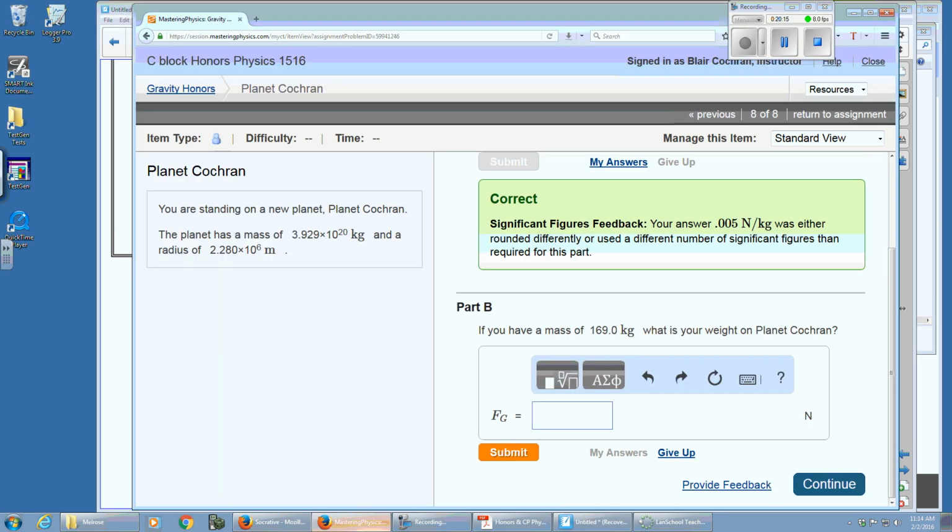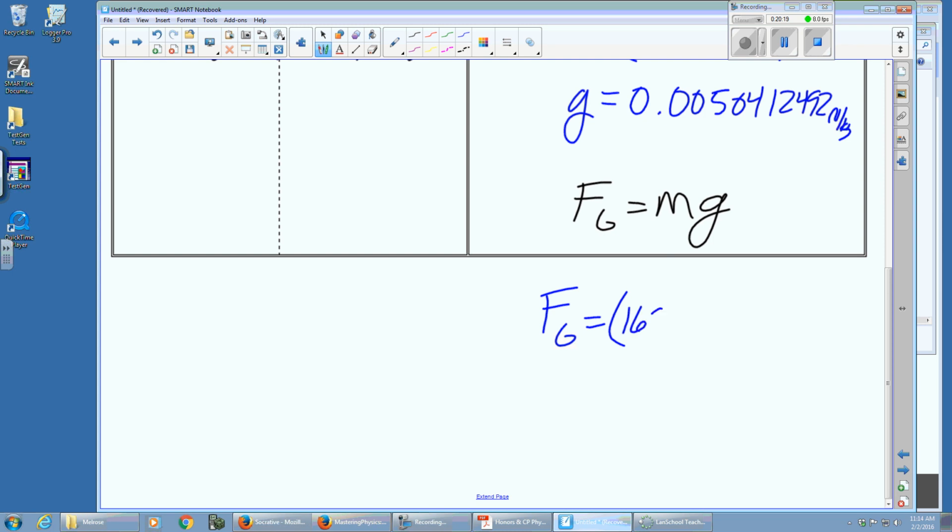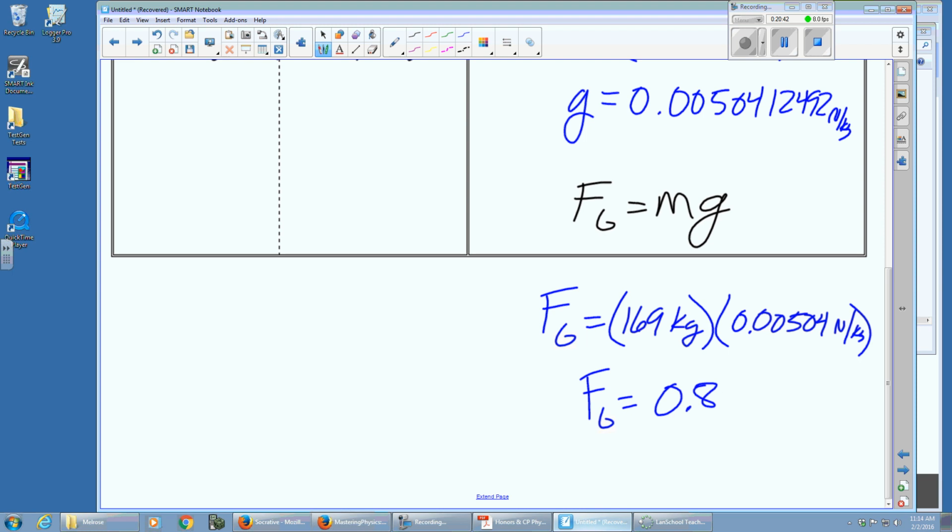What was my mass? 169 kilograms, times the gravitational field strength on good old planet Cochran. And I get, oh nice, that number's already stored in my calculator, 0.852 newtons.